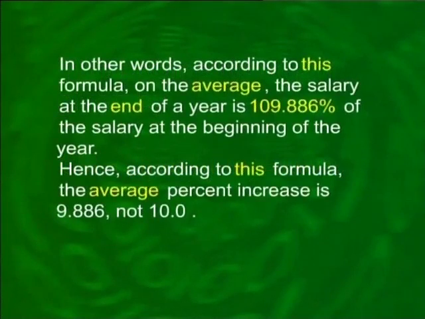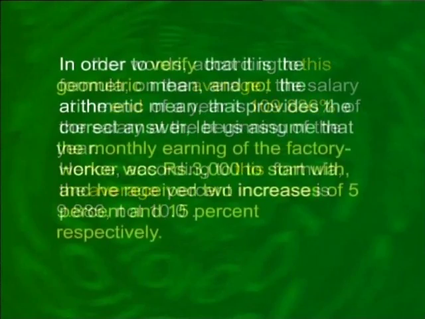In other words, according to this formula, on the average, the salary at the end of a year is 109.886% of the salary at the beginning of the year. In other words, the average percent increase is 9.886, not 10 as we obtained earlier.